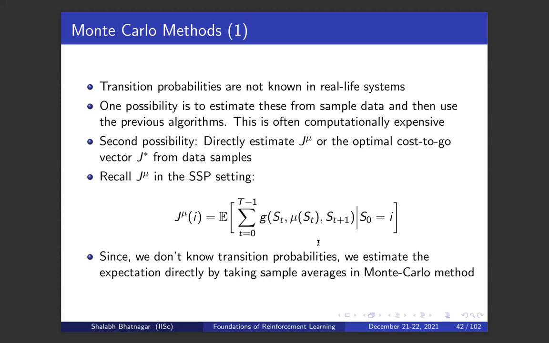So for instance, if the number of states is so large that you cannot even store a vector of the size of the state space, which is the value function, then you would rather approximate the value function using some parameterized representation and then work in that parameterized class of functions.